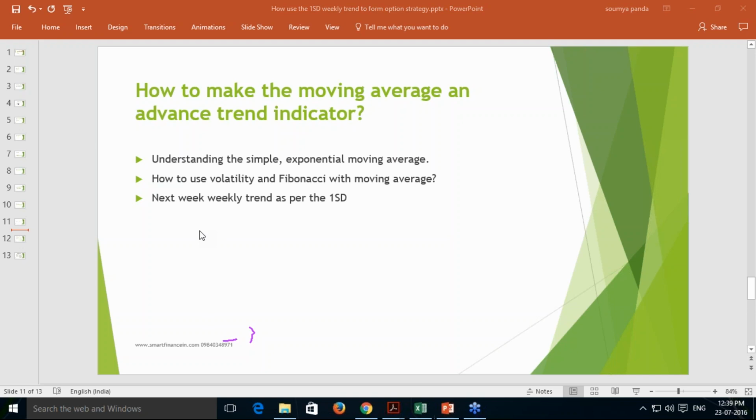Many of you know how to use moving average. Just use this method along with the Fibonacci and volatility. You will find the success will be far better as compared to the crude use of the Fibonacci and crude use of the moving average. This is what I wish to convey in this particular session.